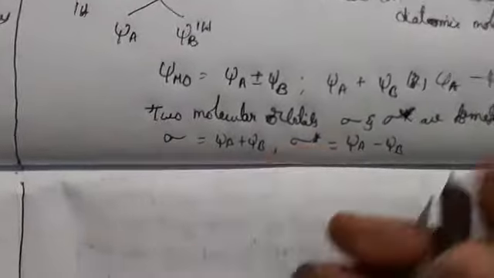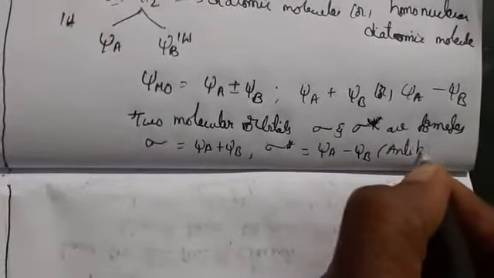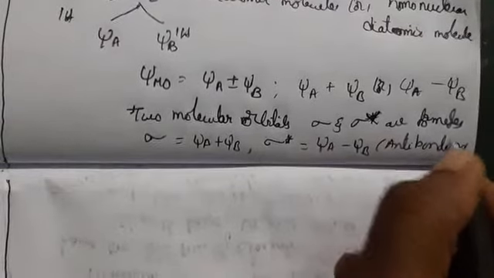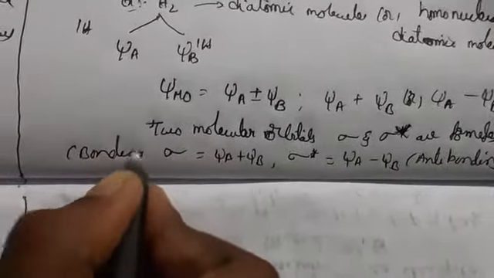If it is formed by the minus combination, we call it anti-bonding.